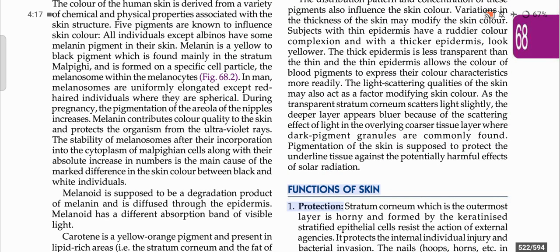The light scattering qualities of the skin may also act as a factor modifying skin color. The transparent stratum corneum scatters light slightly, affecting the light in the overlying coarser tissue layer where dark pigment granules are commonly found. Pigmentation of the skin is supposed to protect the underlying tissue against the potentially harmful effects of solar radiation.